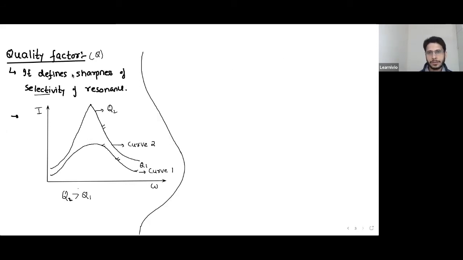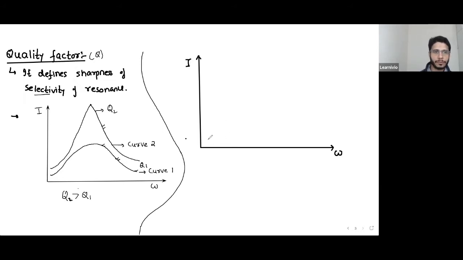Okay. After this, there is one more definition of quality factor that can be used. This is omega, and this is the resonance curve.